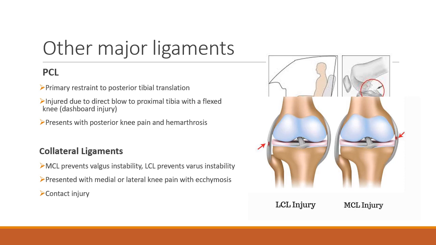A sudden, contact type hit on the knee joint from the lateral aspect or on the tibia from the medial aspect will cause an MCL injury. A direct hit on the tibia from the lateral aspect or on the knee joint itself from the medial aspect will cause varus and injury to the LCL.